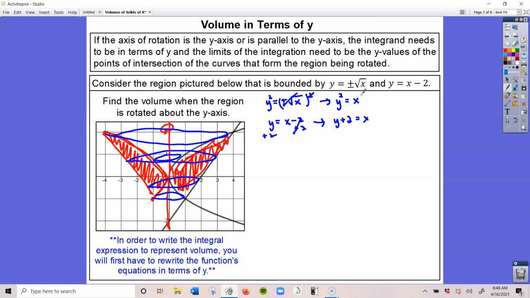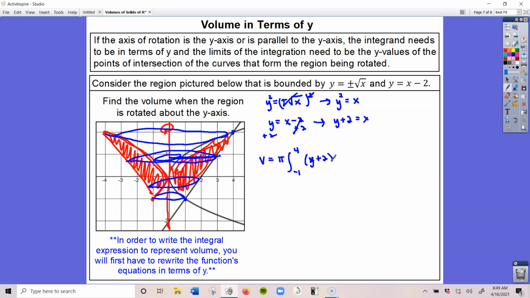Our limits of integration are still the points of intersection of the functions, but instead of the x values, it would be the y values. So when we set up the integral, the volume is equal to pi times the integral from the y value, which is -1, to the other y value, which is 4. From the axis of rotation, the outer function is the one that is furthest away, which is y plus 2.